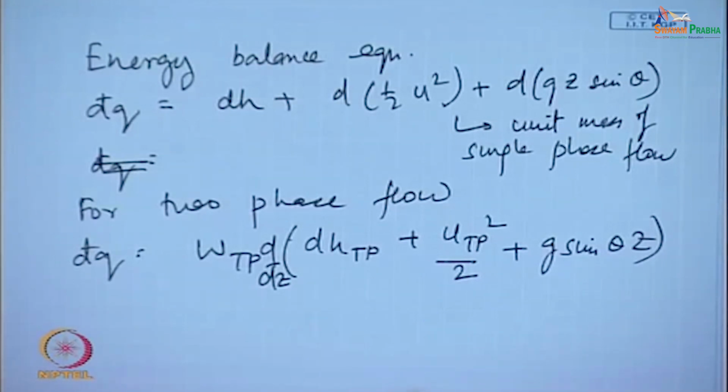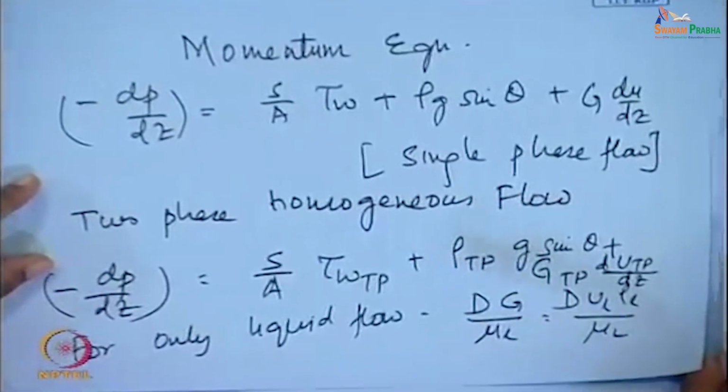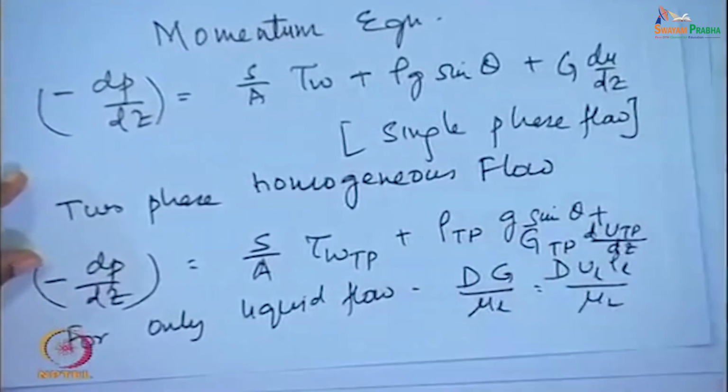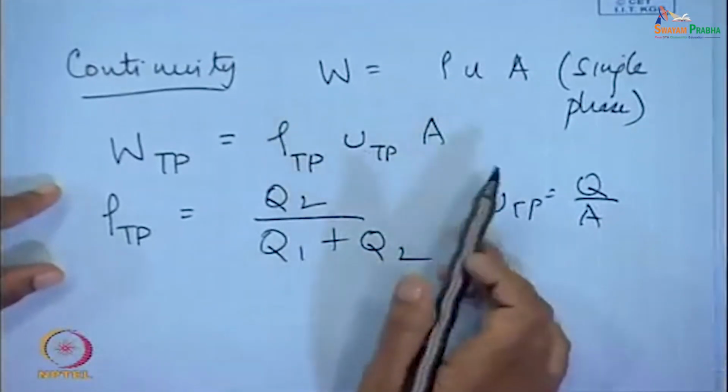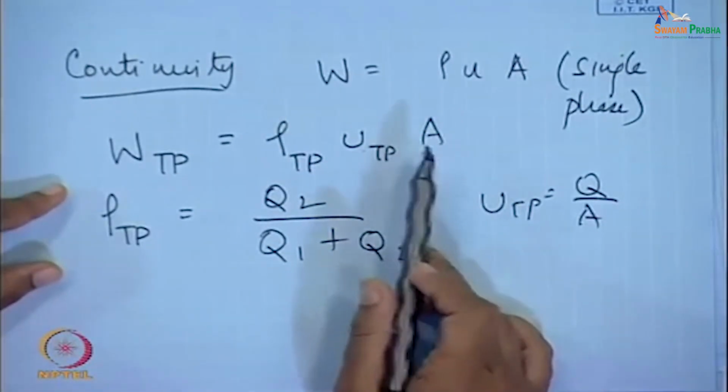Okay. If we are having some sort of heat transfer, maybe some sort of condensation or evaporation, then we will have to use the energy balance equation. Now, if we consider these equations, what do we find? The momentum equation and the continuity equation. The momentum equation I have already shown. And in the continuity equation, we find what are the things that we are supposed to determine.